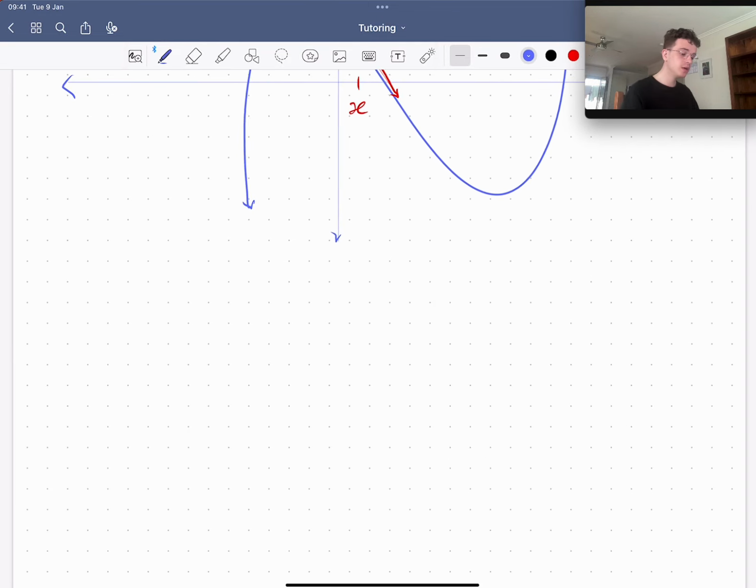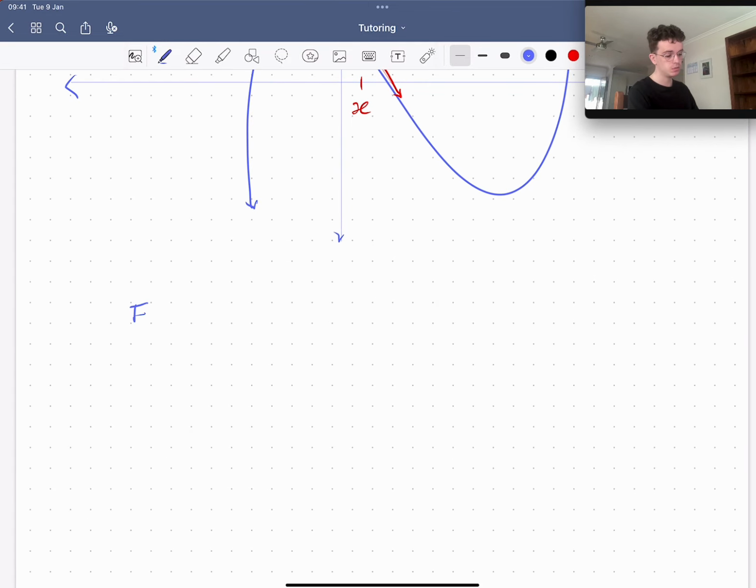So the formula we learn is what we call the fundamental theorem of calculus, which we usually call first principles.